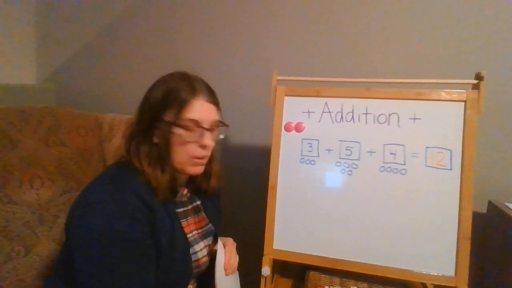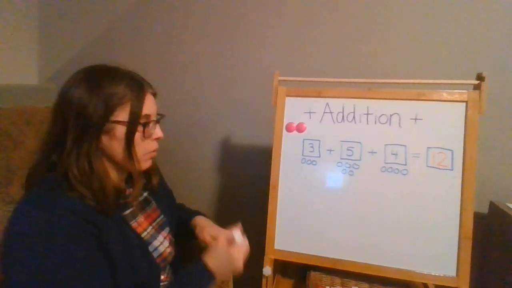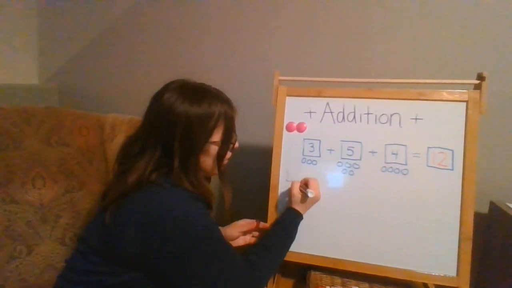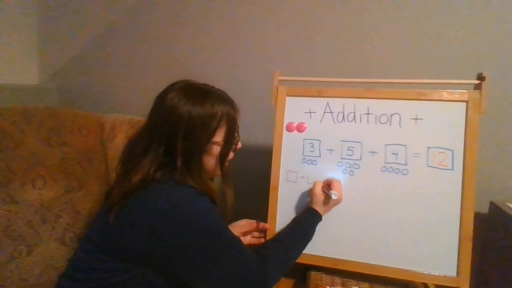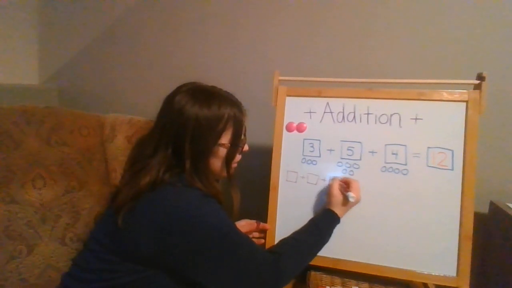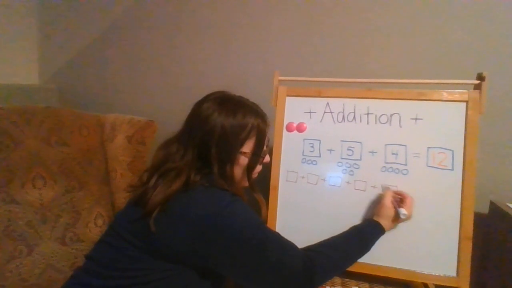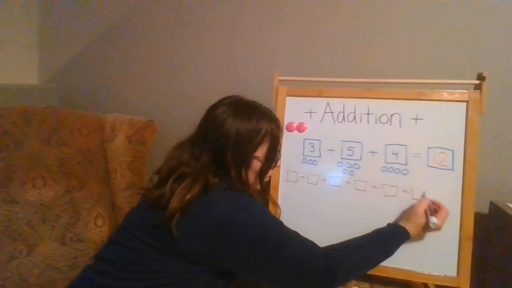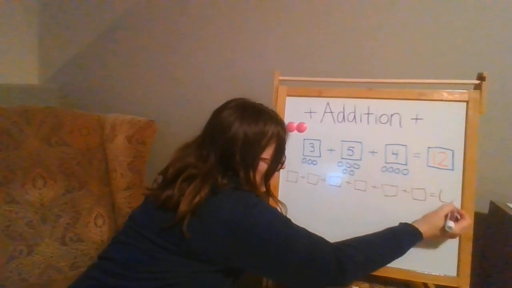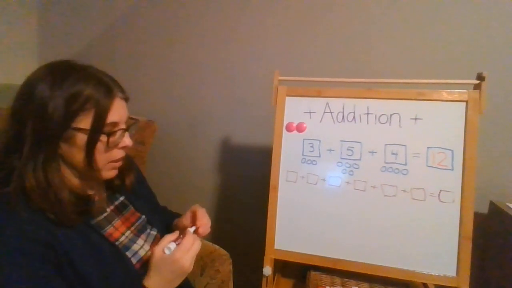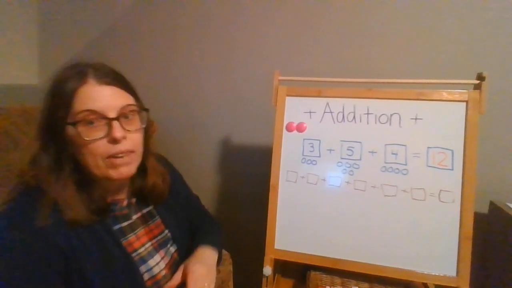You could have more if you want. You could do as many numbers as you want to add together. And then you put your equal sign and figure out how many it equals. But I want you to do at least 3, okay?